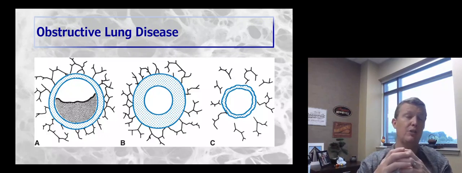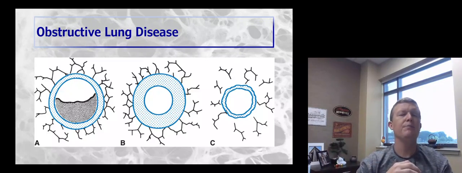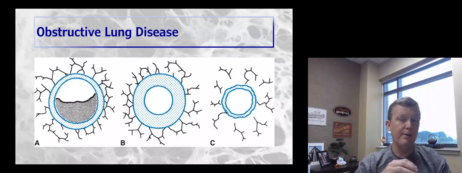So now that inflammation is creating the obstruction. I'll point out again, the connective tissue surrounding these structures is relatively normal. It's normal in density, it's normal in number, and it's normal in its connectivity to the lung tissue itself.